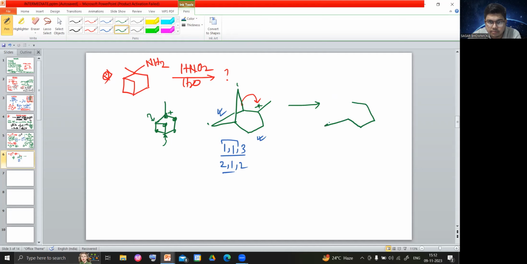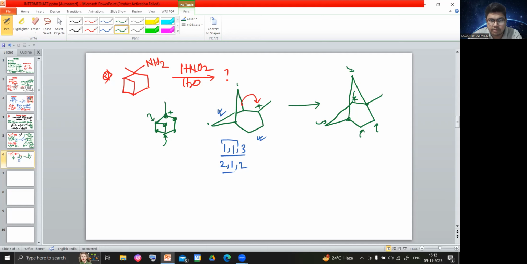Okay, it was our structure. Then we had this, and now this carbon will be attached to this only. There is one methyl, and the positive charge will be here. So now what we are getting is that this is a bridge at carbon, this is a bridge at carbon. A 2 bridge, 1 and 1, 2 bridge and 1 bridge.